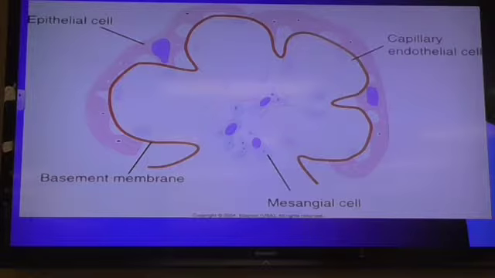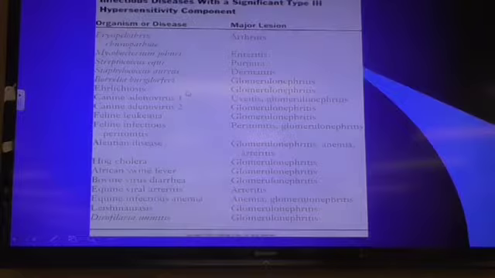Again, that's what you're seeing here. Immune complexes can get deposited on the kidney basement membrane and cause glomerulonephritis.